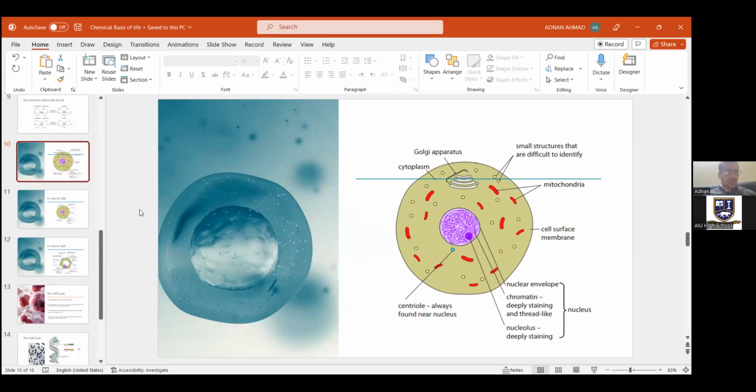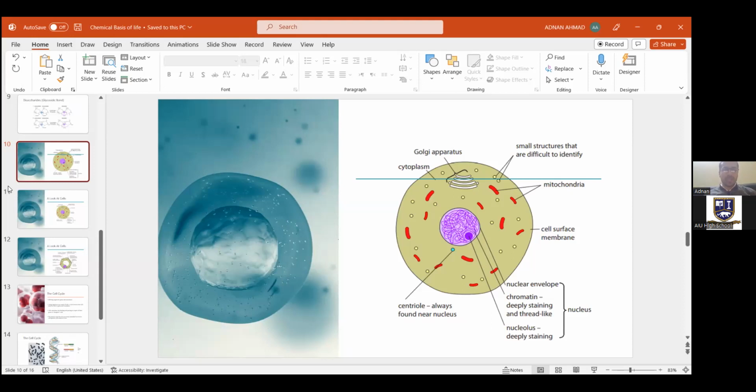Yes, the membrane, right? Excellent. The vacuole, excellent. But the main answer to this question is the cell wall. An animal cell does not contain a cell wall. How to differentiate between an animal and plant cell?